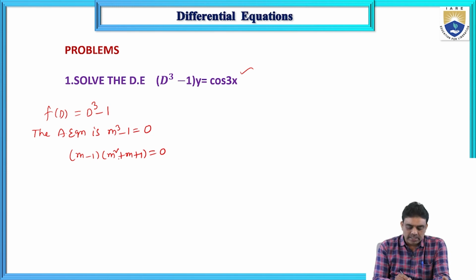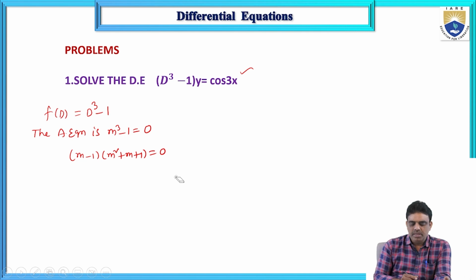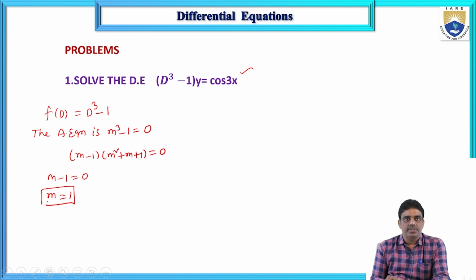On multiplying, you can check it out: m cube minus m square plus m square plus m minus m minus 1. These cancel, and it is still m cube minus 1 equal to 0. So writing in factor form, m minus 1 into m square plus m plus 1 is equal to 0. m minus 1 equal to 0 is one factor, so m is equal to 1 is one root of the equation.